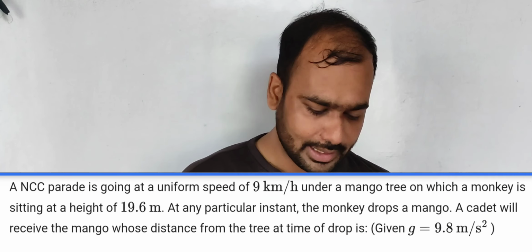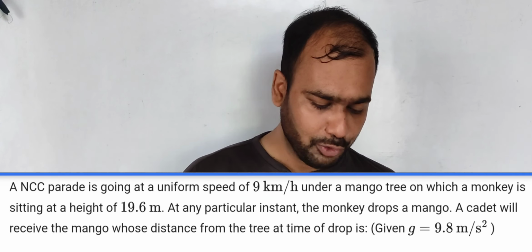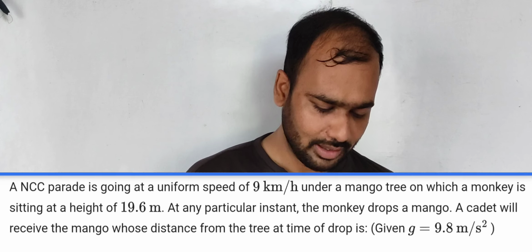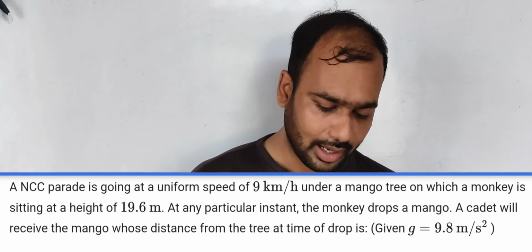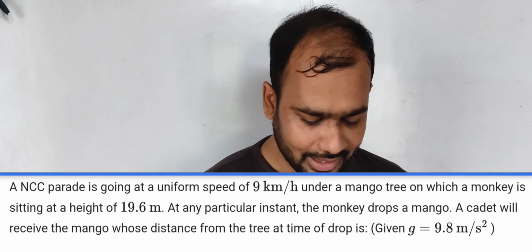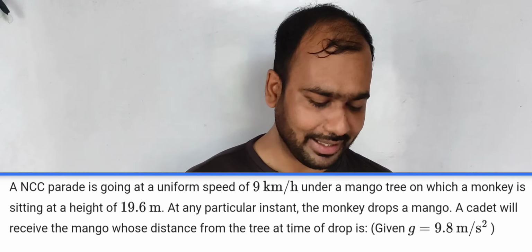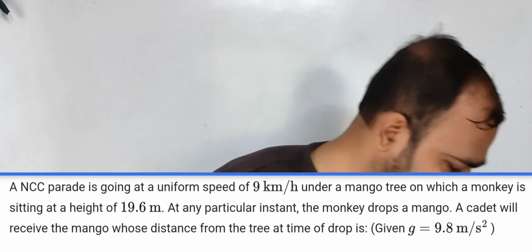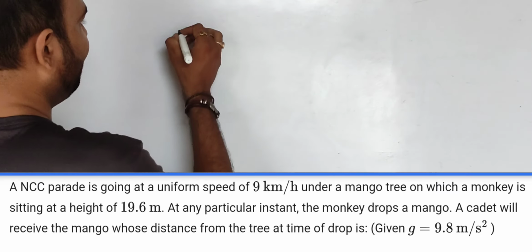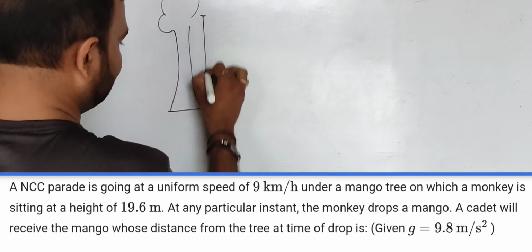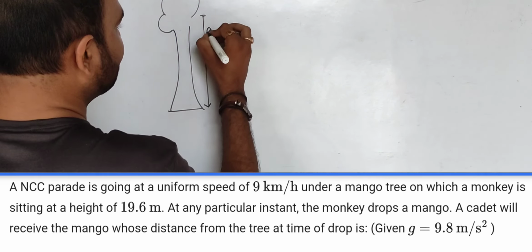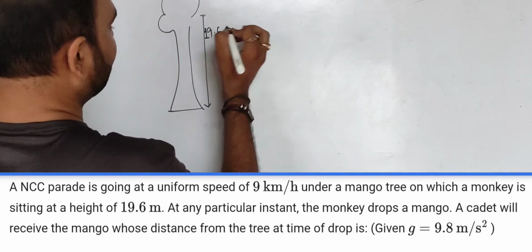Question number 5. An NCC parade is going at a uniform speed of 9 km per hour under a mango tree on which a monkey is sitting at a height of 19.6 meter. That means a parade is going on and a monkey is at a height of 19.6 meter.